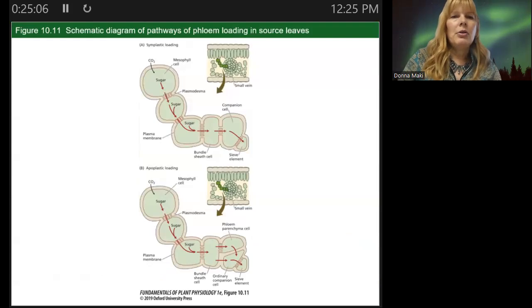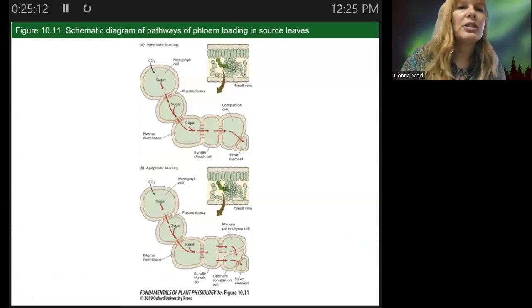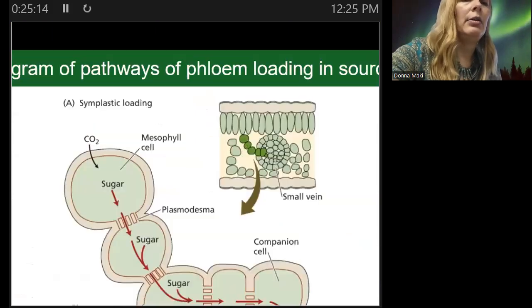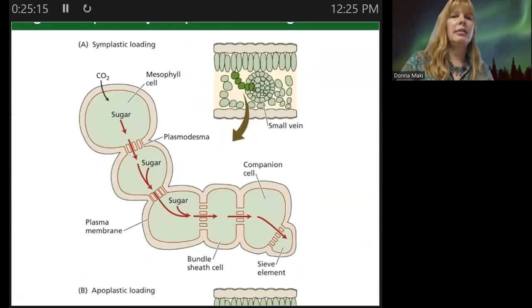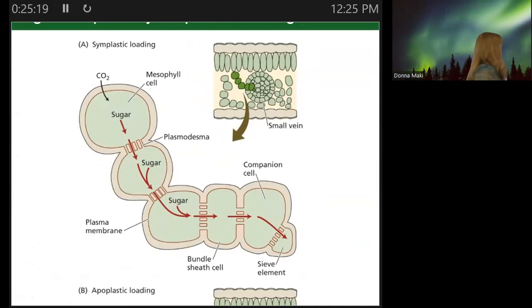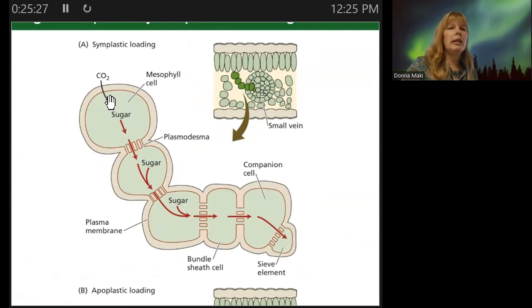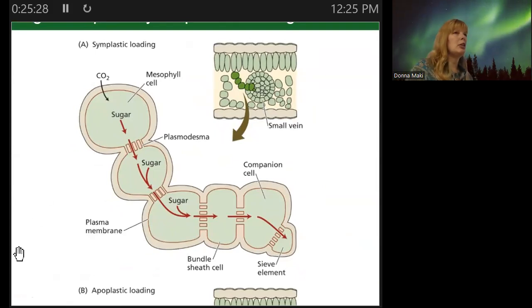All right, so here, these are just some of the options that they imagined happening. And then of course they had to go dig for it experimentally. So here you have, let's say, a spongy parenchyma cell. It's taking in CO2 and through the process of photosynthesis, making sugar.